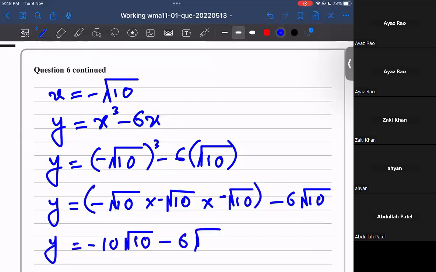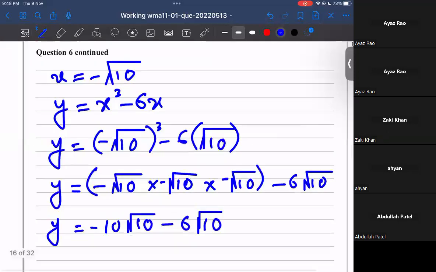You get minus 6 root 10. You'll have the value of y minus 16 root 10.